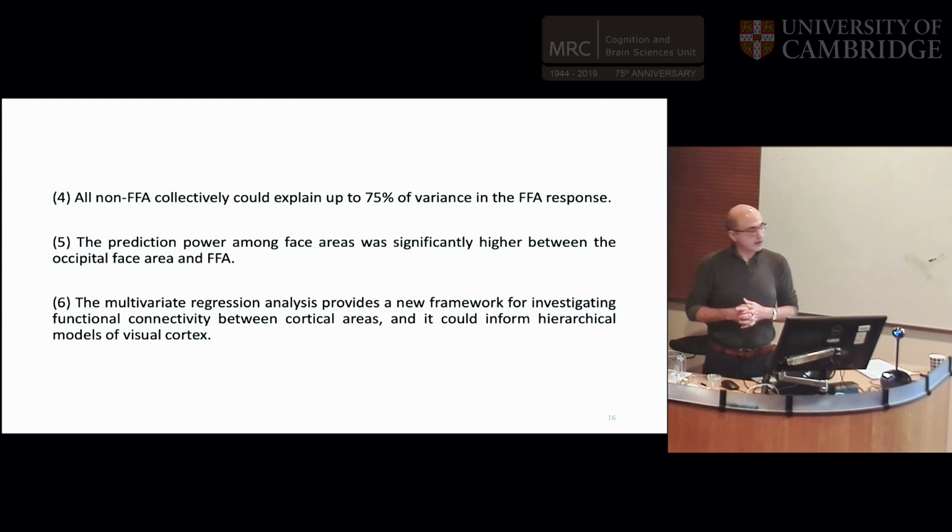And instead of using, let's say, 24 ROIs, we can use a searchlight method. For example, we can use FFA as a target area, and then we can have a searchlight ROI to predict the activity in FFA, and then we can move this searchlight all over the surface and come up with a map, to see which parts of the brain can predict the activity in FFA well.